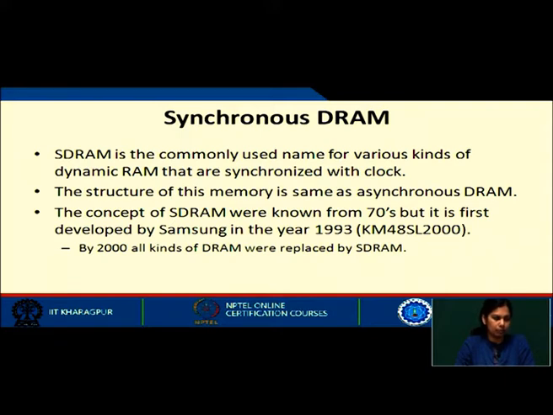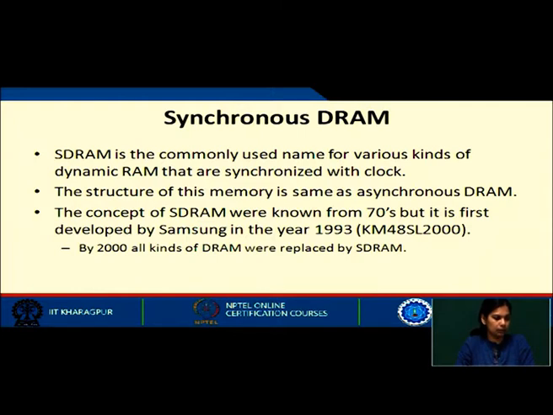In the previous lecture, we have seen asynchronous DRAM, where there is no concept of clock. The module which is connected to the memory has to take care of that. But in this case, it is synchronized with the clock.